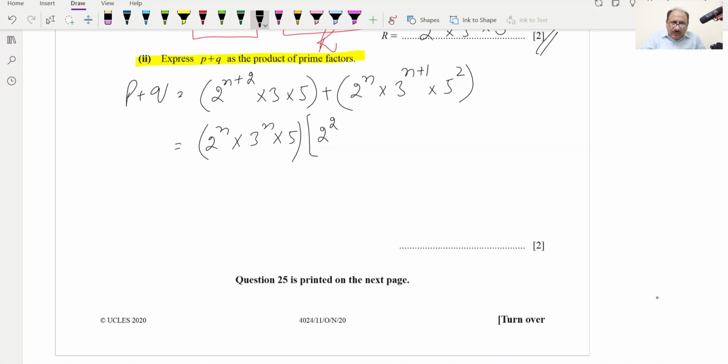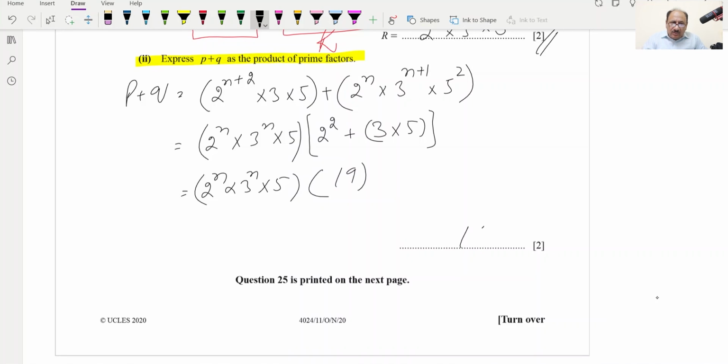Next from this section there will be 3 into 5. This will be the remaining part, and we can rewrite it as 2 raised to the power n into 3 raised to the power n into 5, and 5 into 3 will be 15, 15 plus 4 will be 19.